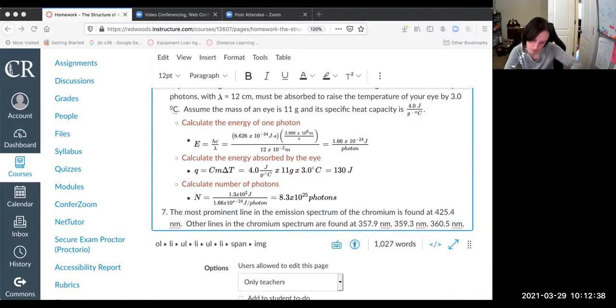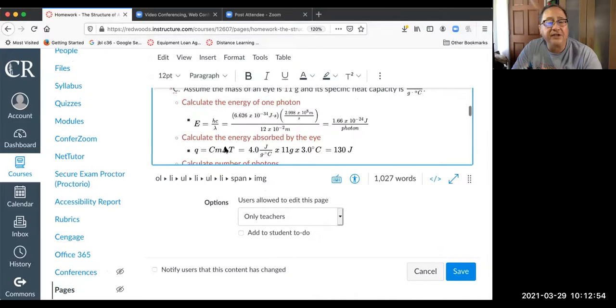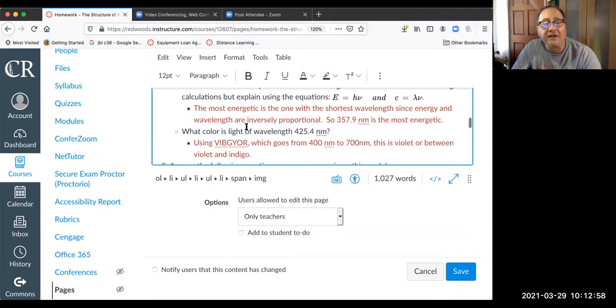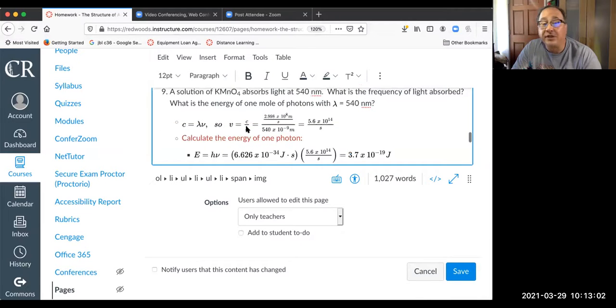I sometimes do it 2 or 3 out of 10 times, and all of a sudden you're looking at a C if they don't give you any partial credit. So you can see that everything I've done here, I've shown how to do the calculation, how to do the conversion, or I will substitute when appropriate.